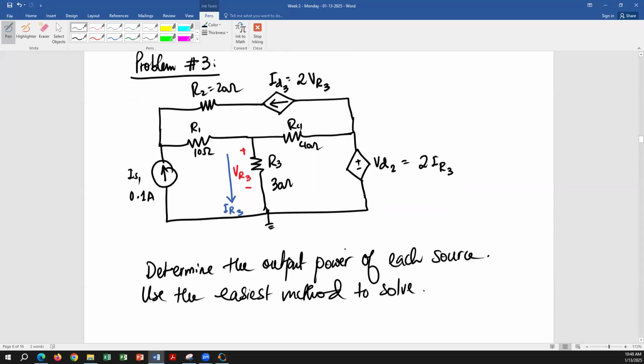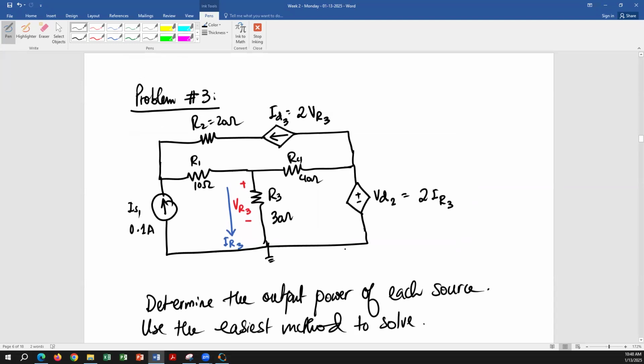By the way, if you apply nodal analysis, we have one node right on top here where we have to apply the KCL equation. We have a node right over here where we would also apply the KCL equation. We already know the voltage of this node, which is VD2, so we don't really need to apply KCL at this node. So if we are applying nodal analysis, we have two nodes with unknown voltages.